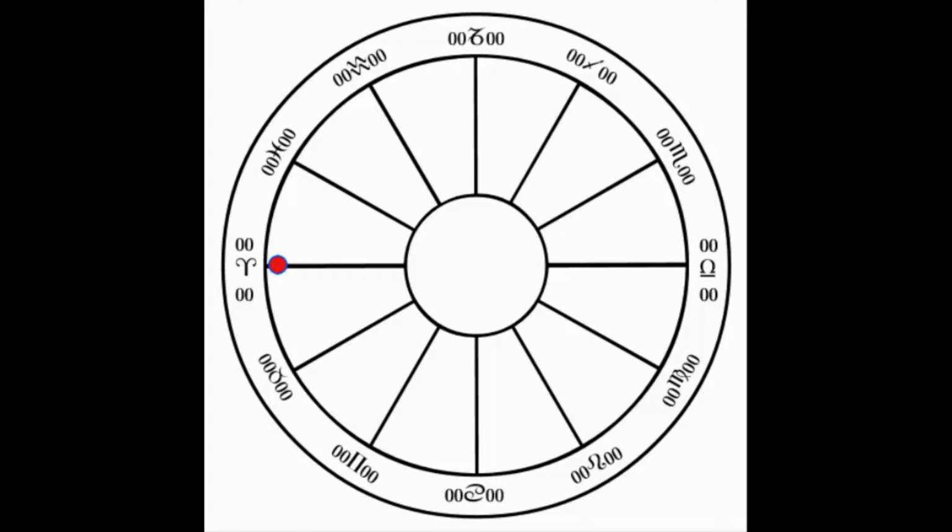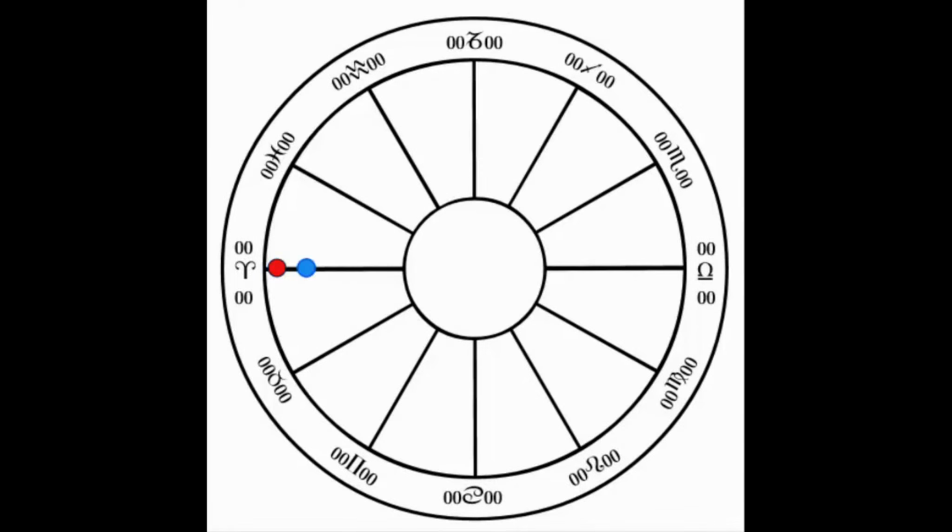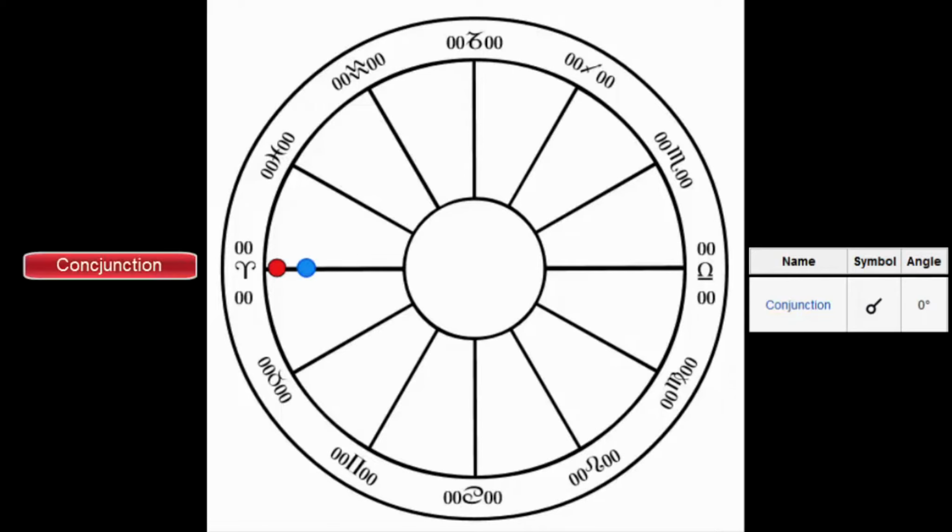Every sign has 30 degrees. We will now bring in a second planet in blue and place it also exactly on the ascendant where the red planet is located, and that is called a conjunction. A conjunction tends to bring the things ruled by both planets into prominence.